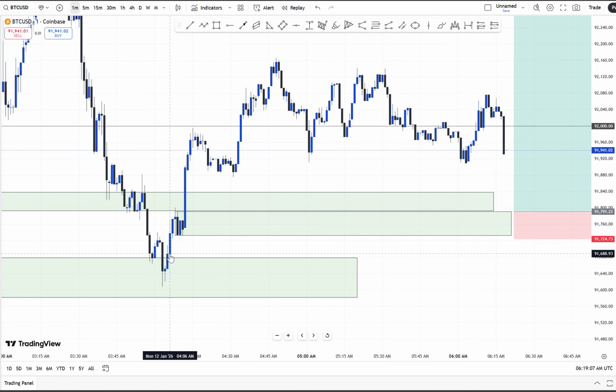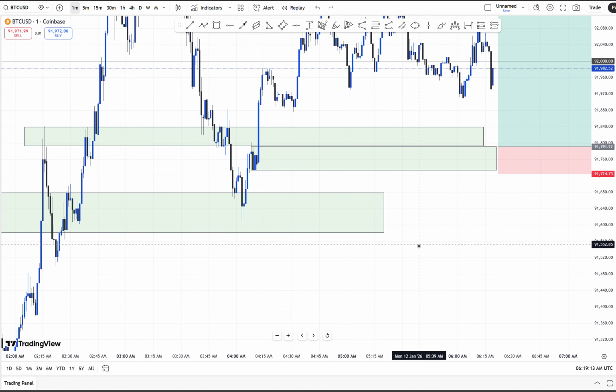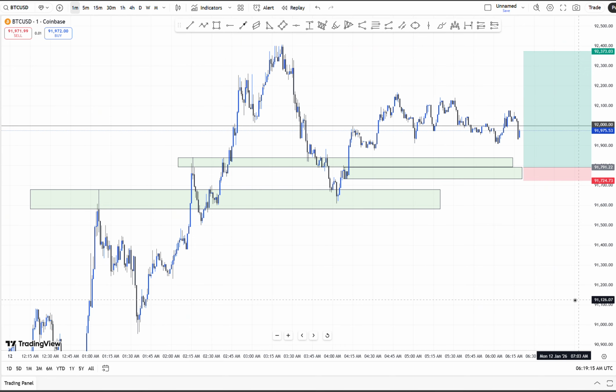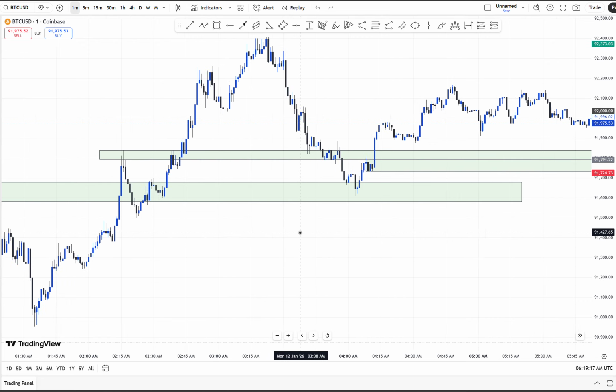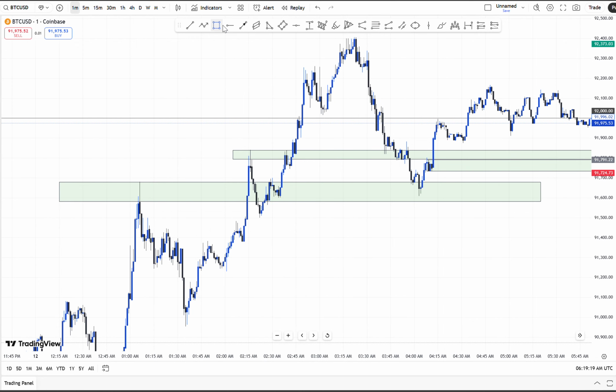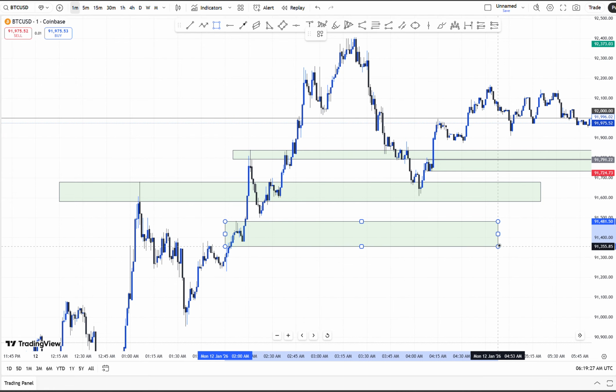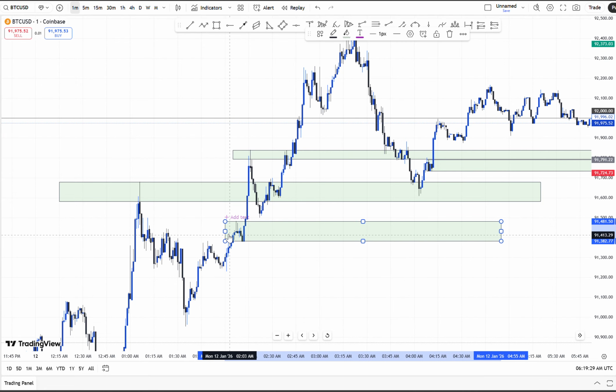Yes, there is even another demand level around this region, but since this one is very volatile, we are not going to pick that one. Maybe later on, if we are taking out this region, then we will come all the way to this demand level.